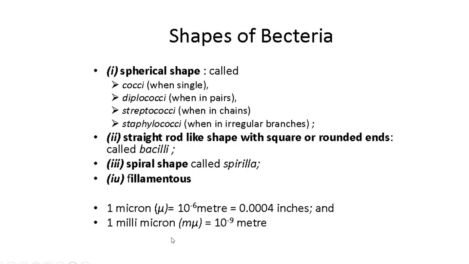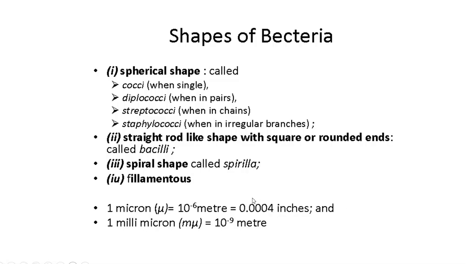Here we have a measurement: what is the measurement of one micron, because many of us don't know what actually a micron is. So this is the symbol of micron. One micron is equal to 10 power minus 6 meter, meaning 0.00004 inches.